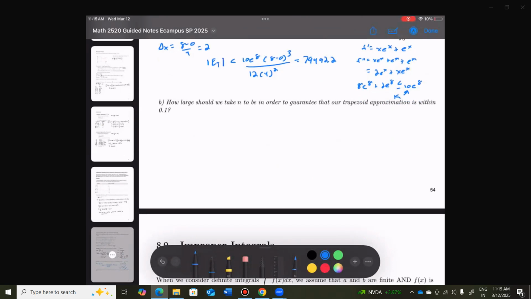All right, so how large should we take n to be in order to guarantee that the trapezoid approximation is within 0.1? Again, k is our 10e to the 8. We have 10e to the 8 times 8 cubed over 12n squared, and we want that less than 0.1.